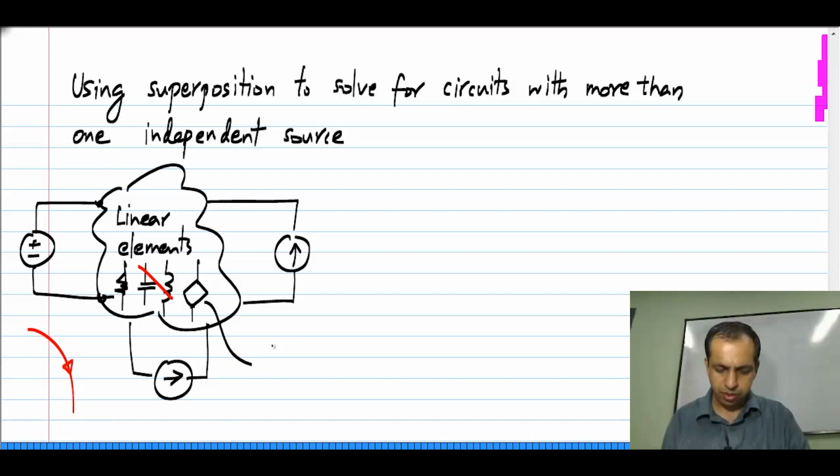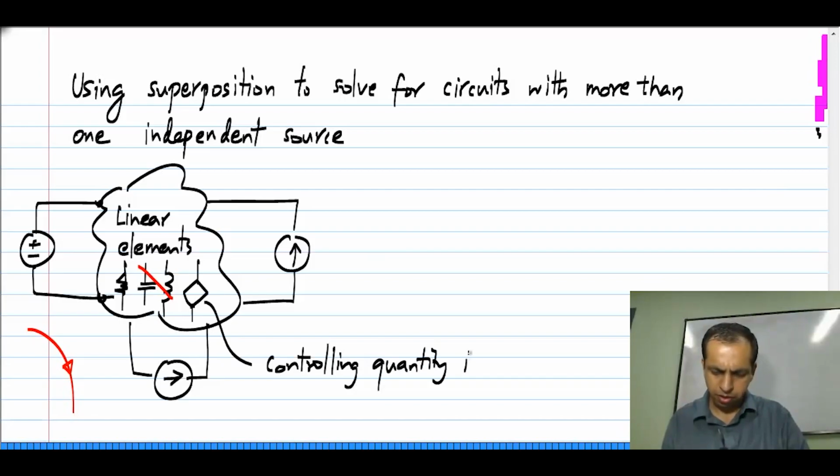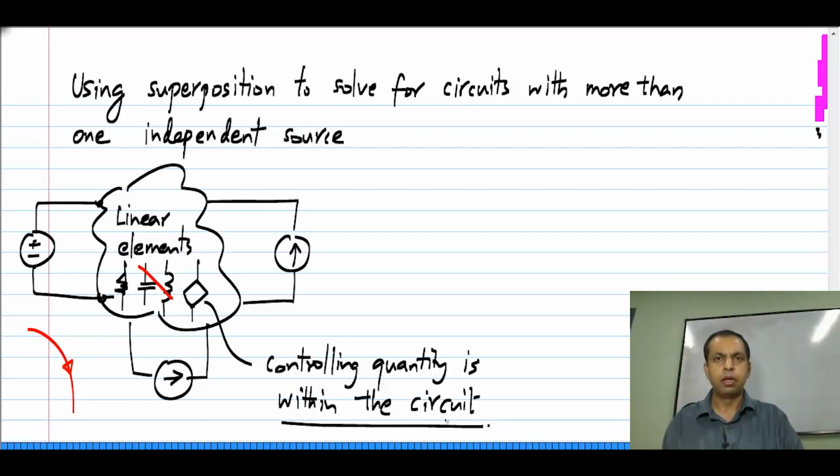So, the controlling quantity is within the circuit. Now, because these are all linear elements, it turns out that we can use the principle of superposition.